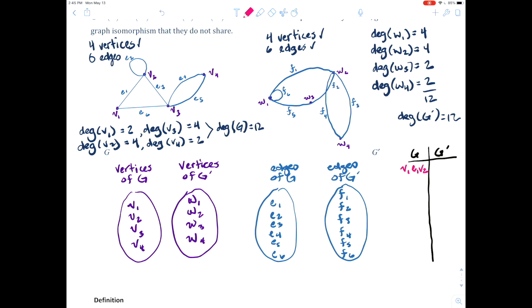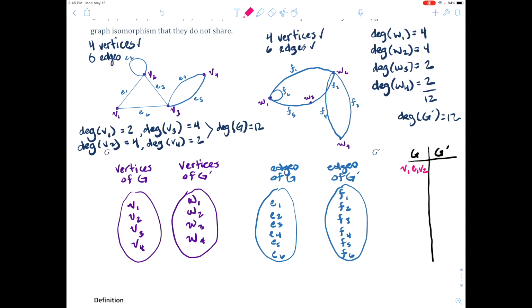So here, I need to have, for the first one, something that is of degree 2, and the second vertex has to have degree 4, right? And that's why there's more than one isomorphism, because there could be more than one correspondence that works.